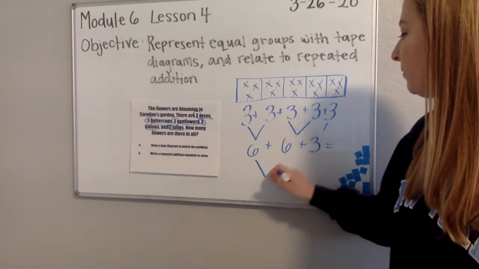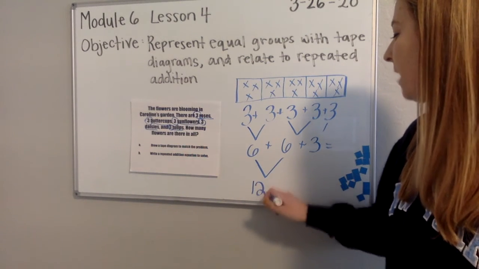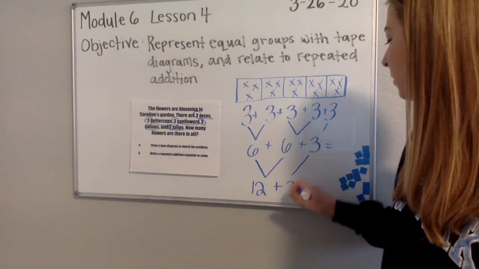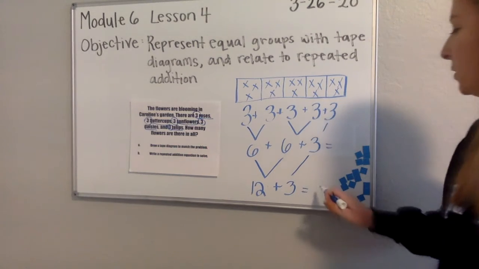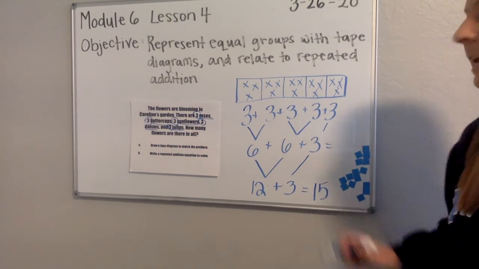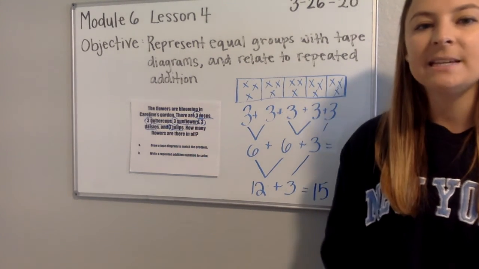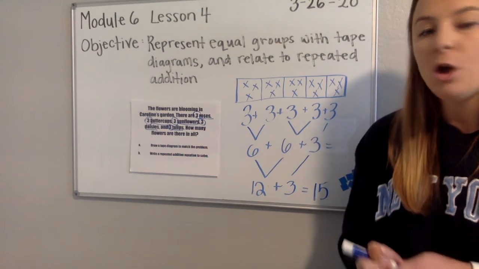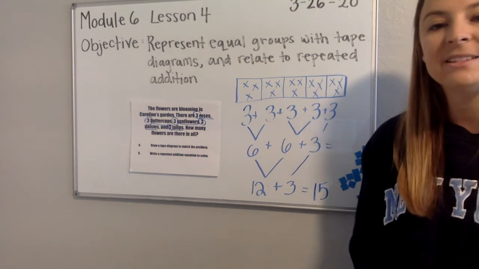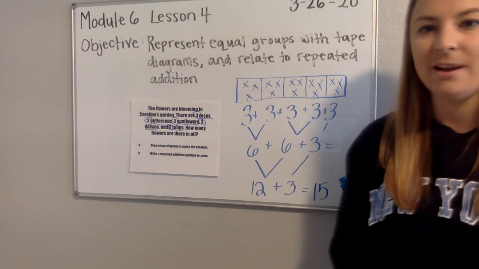I can even group it further. 6 plus 6 makes 12, plus my leftover 3. I know 12 plus 3 equals 15. My sentence to explain my answer would be Caroline has 15 flowers in all.